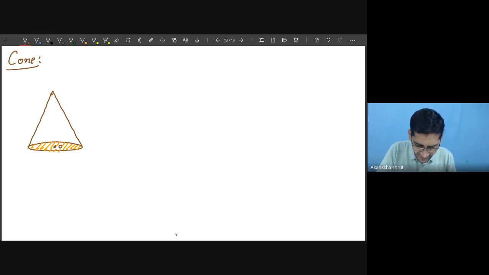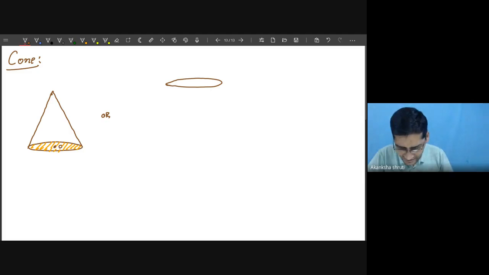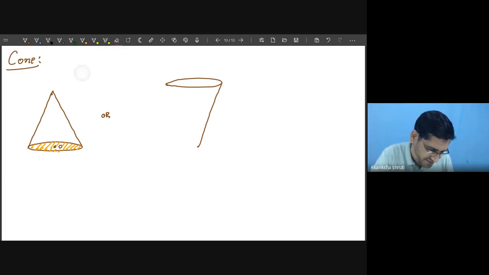Or you may also draw it taking the circular boundary as the top surface and the vertex at the bottom, like you are taking an ice cream.